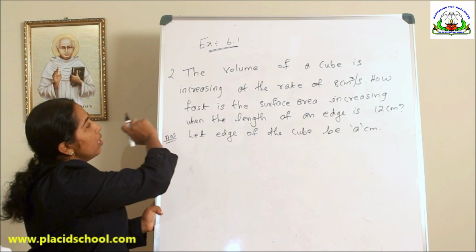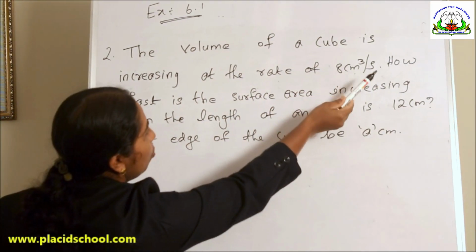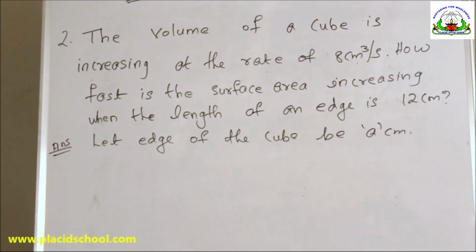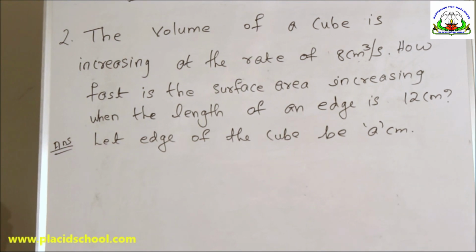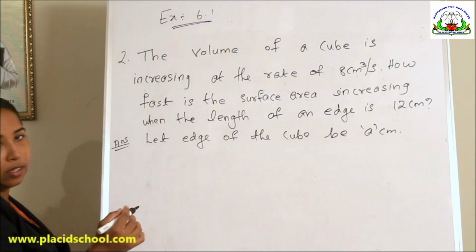Now the second question. The volume of a cube is increasing at the rate of 8 centimeter cube per second. How fast is the surface area increasing when the length of an edge is 12 centimeter? Let edge of the cube be a centimeter.